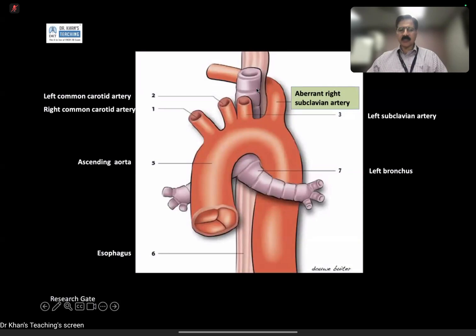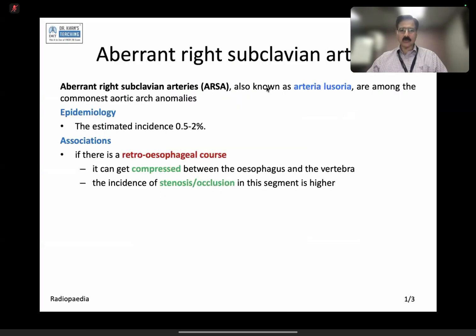It can pass in between the trachea and the esophagus. It can pass anterior to the trachea. When it passes posterior to the esophagus, it can be compressed, and it can also cause dysphagia. We call it dysphagia lusoria, which I'll show you. And then it can also cause thrombosis.